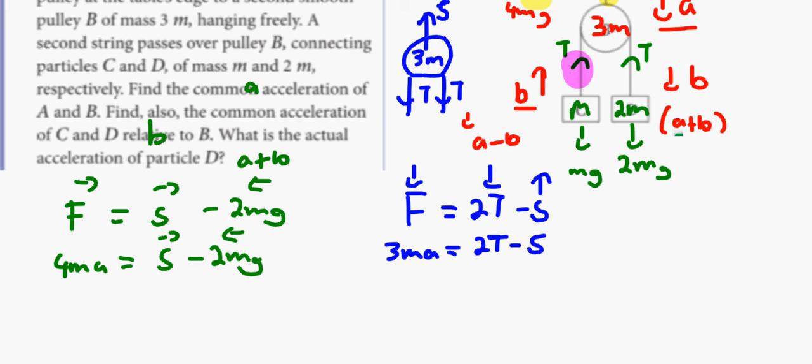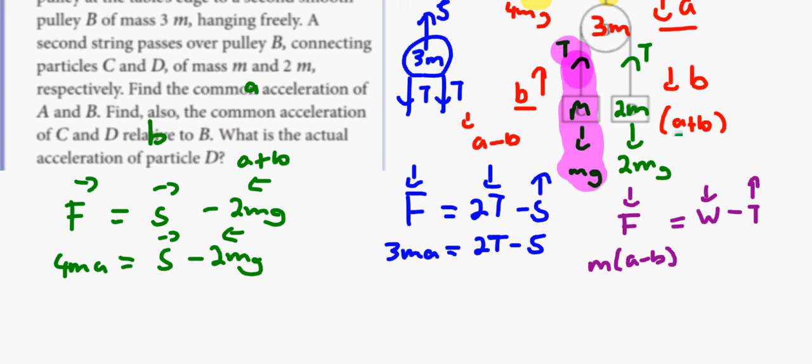Now, in particle C, we have T going upwards and mg going downwards. If we use a minus b, so force equals ma, and a minus b is going downwards, what we can say here is that F equals weight going downwards minus tension going upwards.